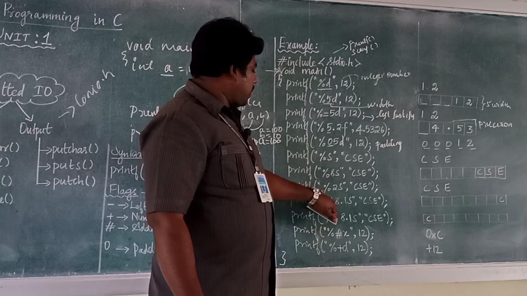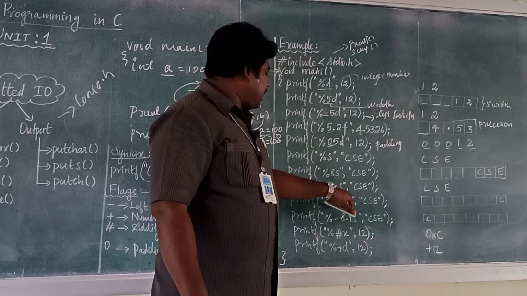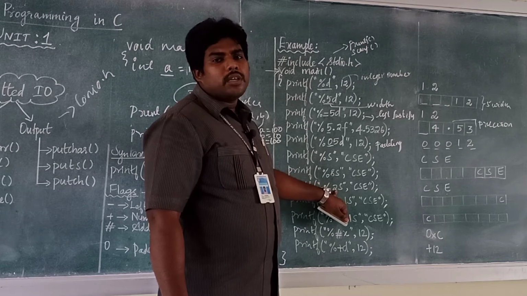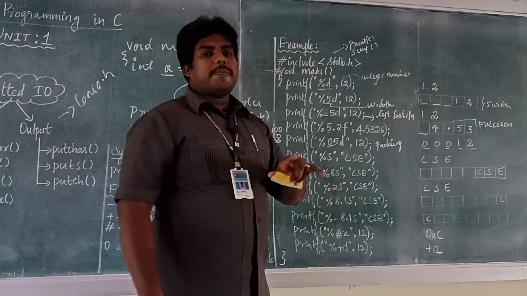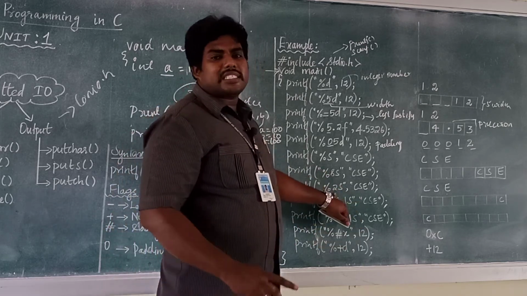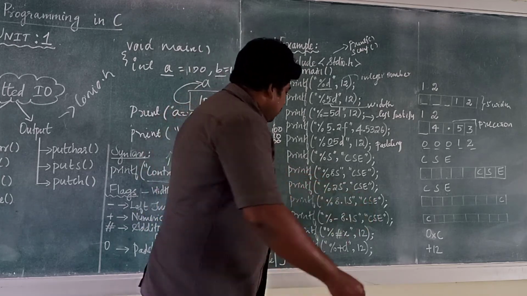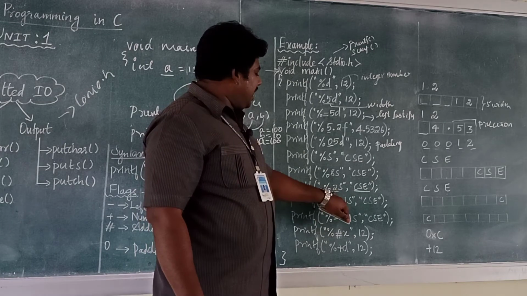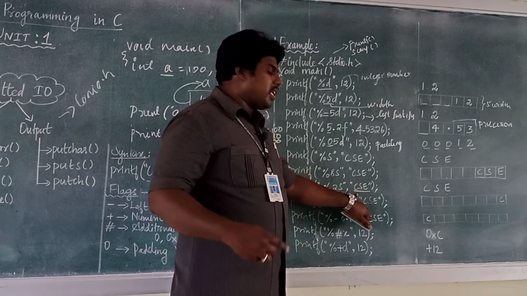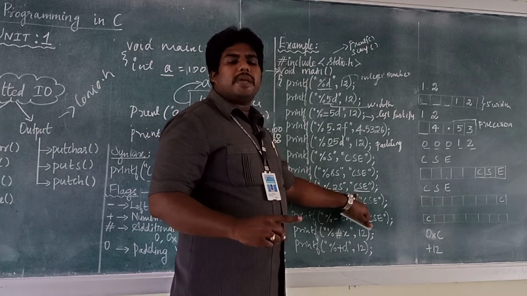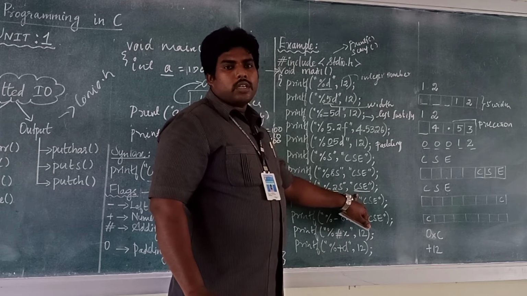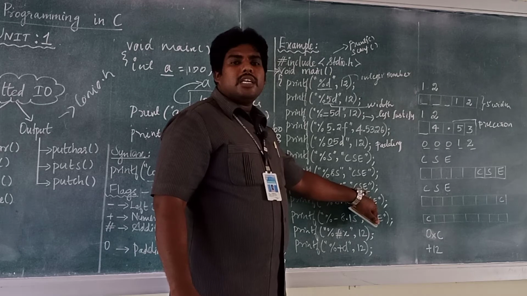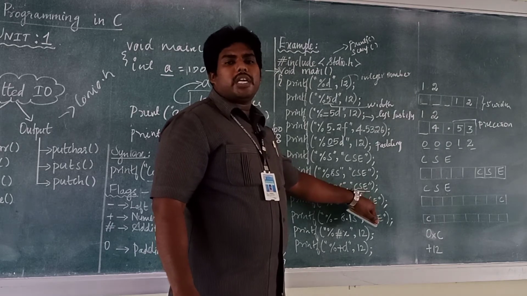Okay. The next one is percentage 2s. Here, what is this 2? 2 means width. Keep it in your mind. If the width is less than your input, here only 2, but here it is 3 characters. If your width is less than the input, printf will overwrite it and take as much width as your input has.